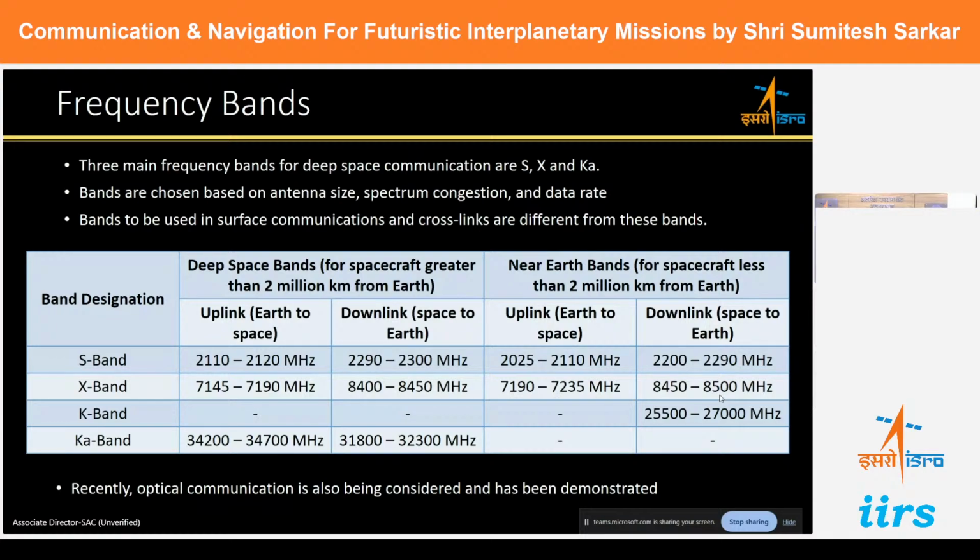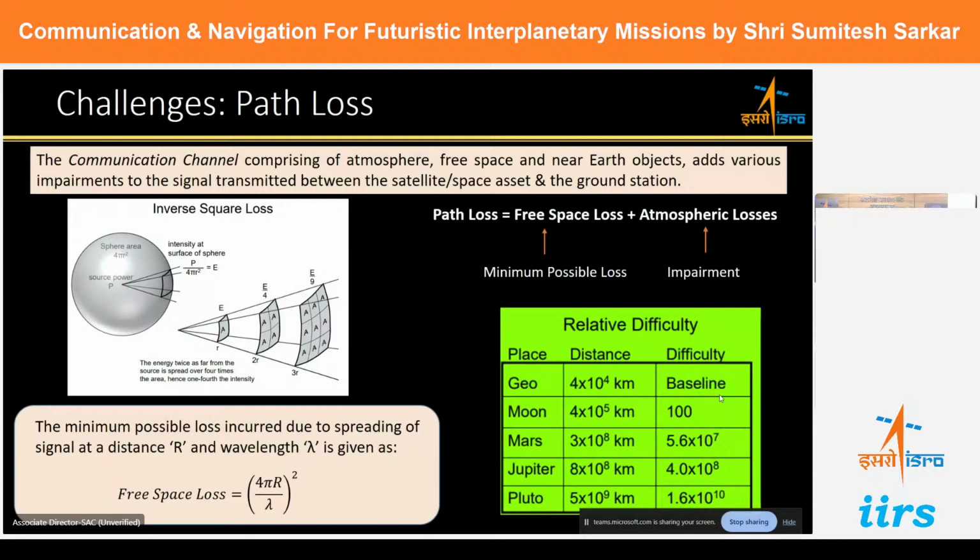Okay, next. So this path loss, which I discussed earlier: as the distance increases, the intensity of the signal in a specific direction slowly gets reduced.